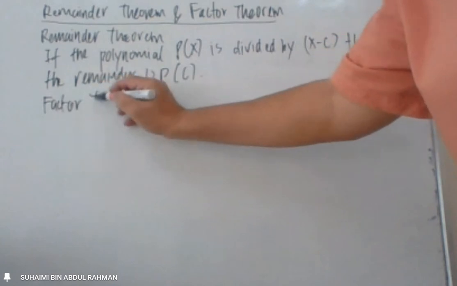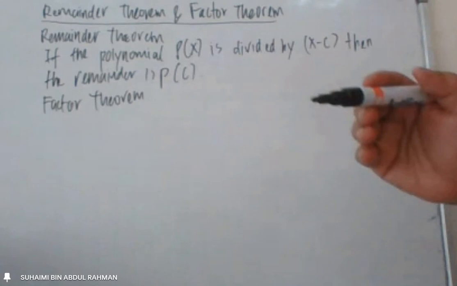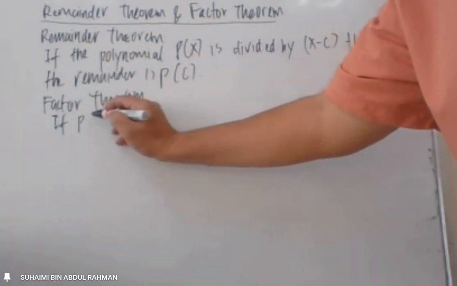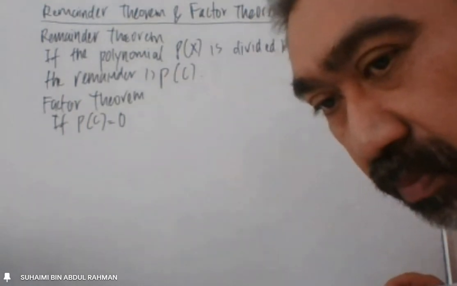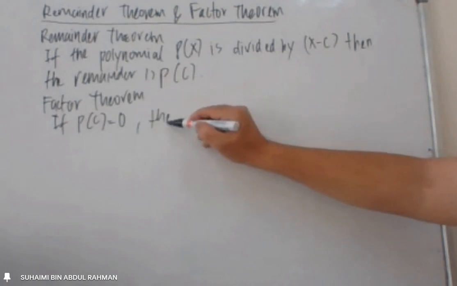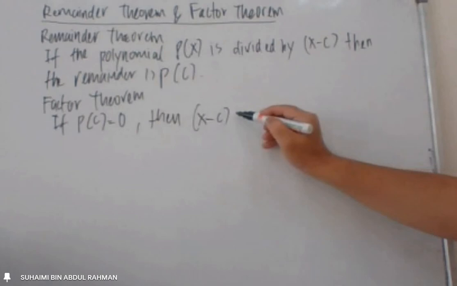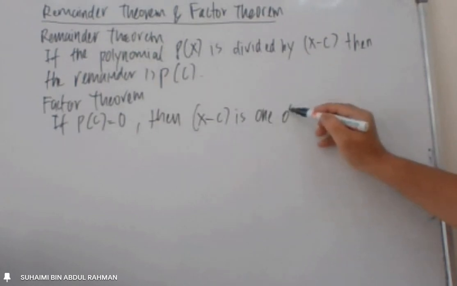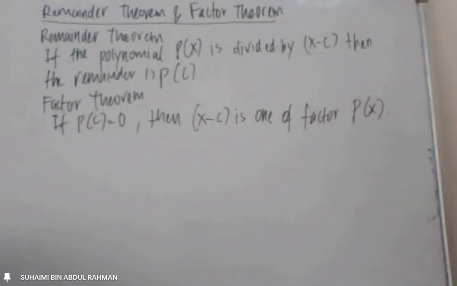The factor theorem says that if P(c) equals 0, when we substitute x with c and get 0, then x minus c is one of the factors of the polynomial P(x).